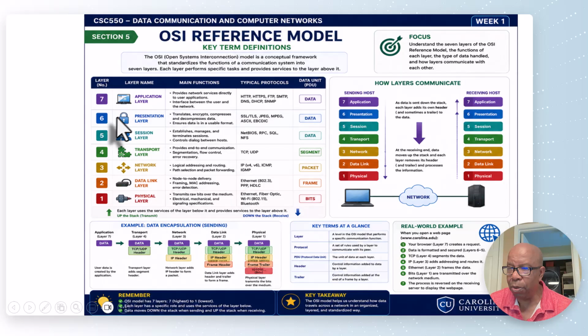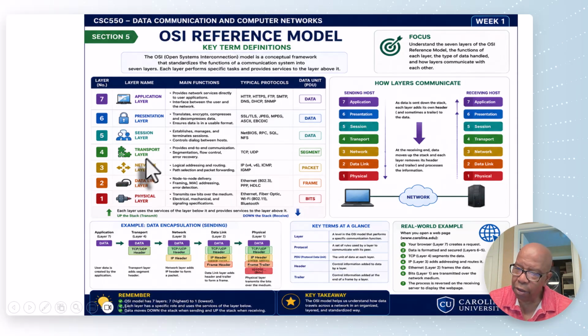The session layer supports the presentation layer, which supports the application layer. Transport, going up the chain, 4 to 5 to 6 to 7. The network layer supports network transmission. Data link, 2. The physical layer is the last layer: how we physically transmit the data so it can get from point A to point B.